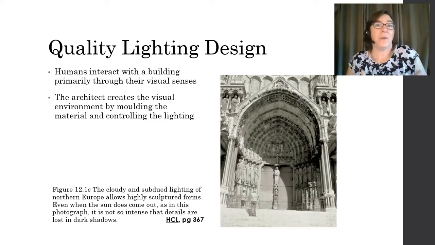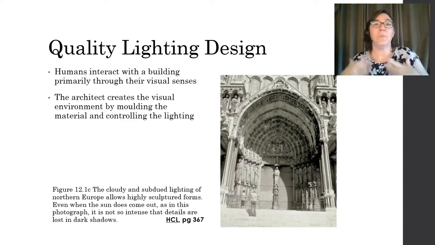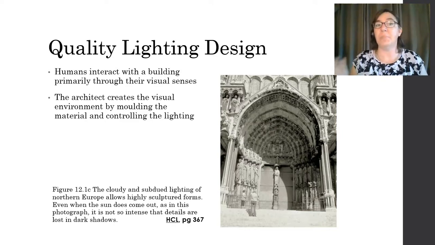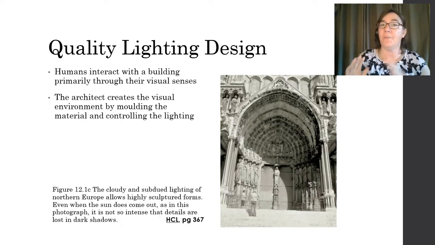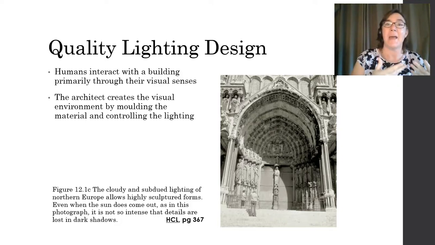So let's start out by talking about lighting design. As humans, we interact with a building primarily with our visual senses. It's very true that it is a multi-sensorial experience: touch, feel, smell, maybe even taste. Probably not.